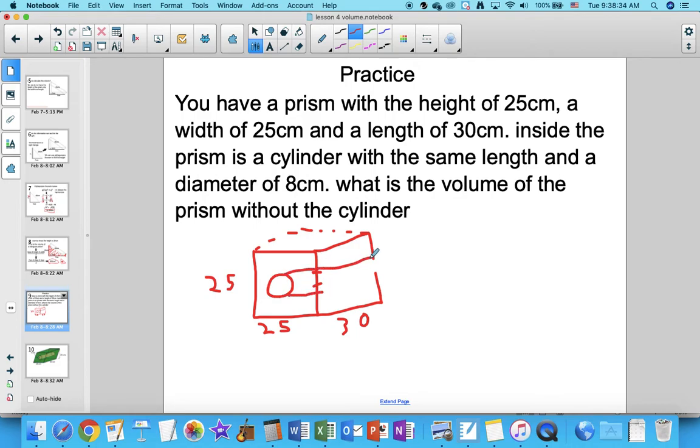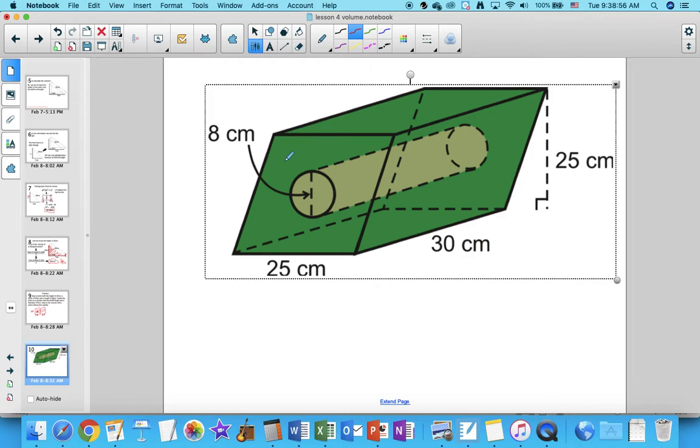This helps you draw the shape, and it helps you visualize it. Well, we know that the length of the cylinder matches the length of our prism. And we know that it has a diameter of 8, right? So once we do this, we'll get something along this. Something easier to see, something easier to work with.